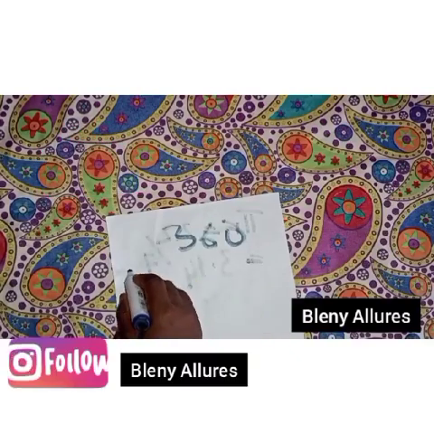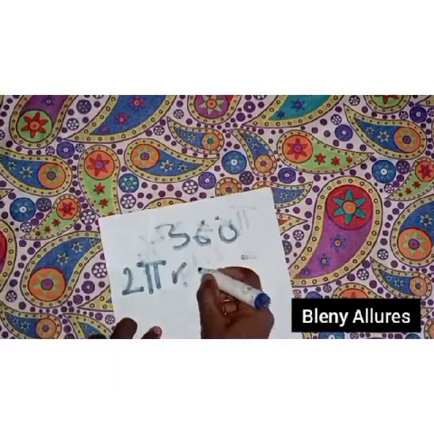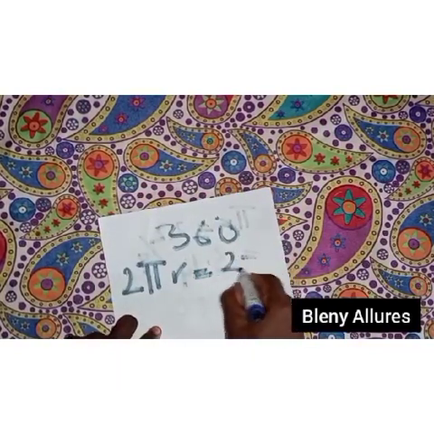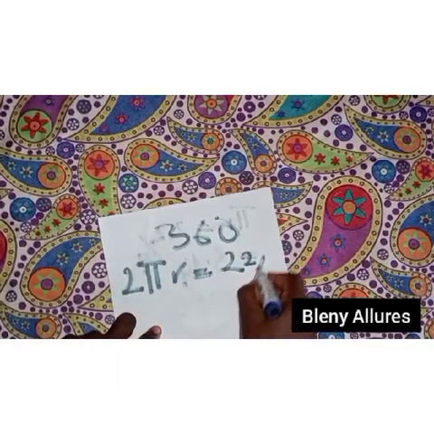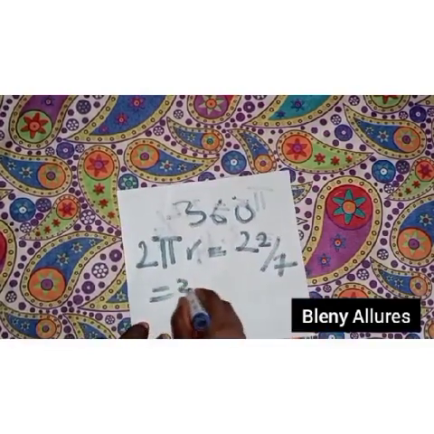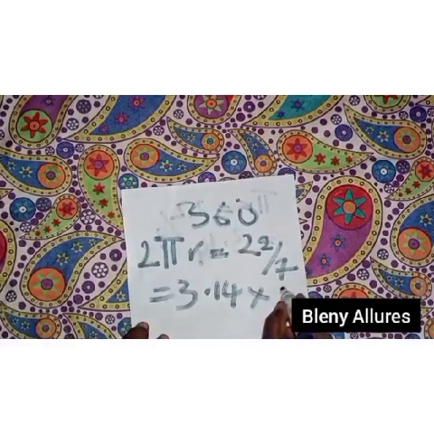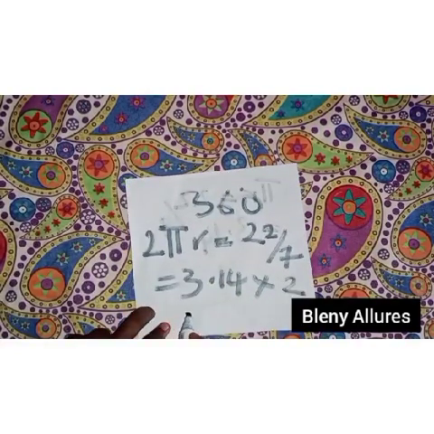So for a 360-degree flare, the formula is 2 pi. 2 pi is equal to 22 over 7. So you use the 7 to divide the 22 to give you 3.14. Then you multiply the 3.14 by 2.